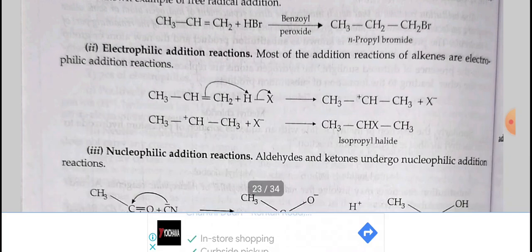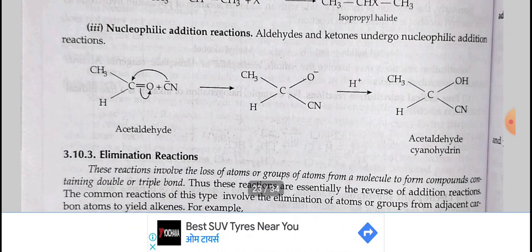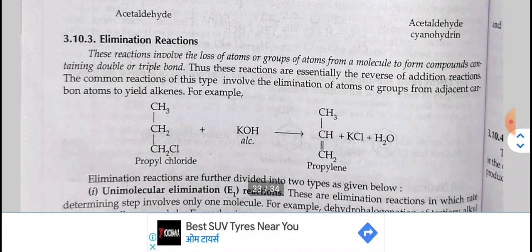Most addition reactions of alkenes are electrophilic addition reactions. Nucleophilic addition reactions. Aldehydes and ketones undergo nucleophilic addition reactions. Acetaldehyde with HCN and H positive gives acetaldehyde cyanohydrin.